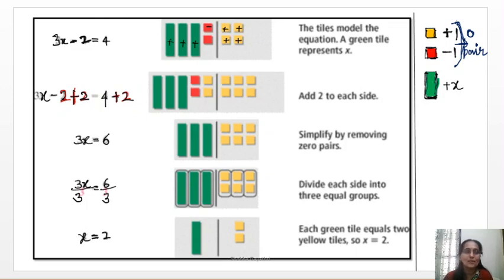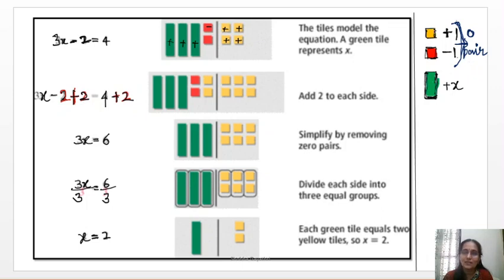Here in this sum, the equation is given as 3x minus 2 equals 4. One yellow square represents plus 1. One red square represents minus 1. Plus 1 and minus 1 together contribute to a 0 pair.